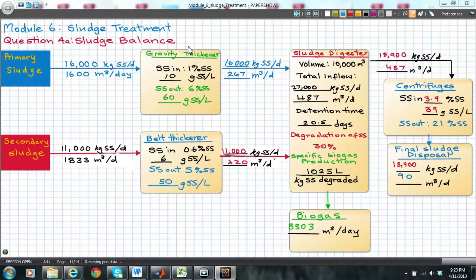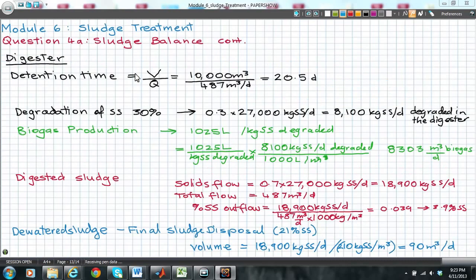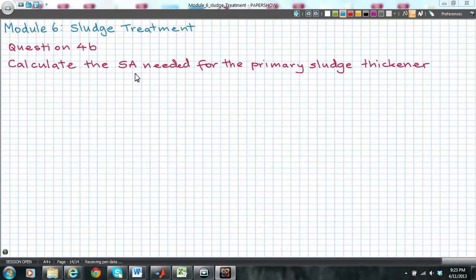In part B, we're looking at determining what the surface area is for this gravity thickener for the primary sludge. So question 4B is to calculate the surface area needed for the primary sludge thickener.